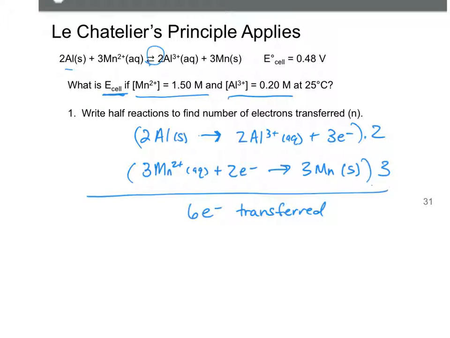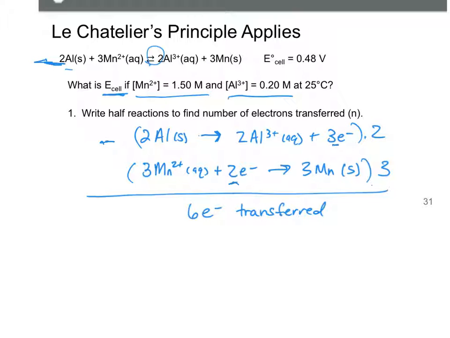Questions on that? Yeah? Why isn't it 6 electrons? Oh, this one? For the first one that you were... Oh, okay. So I have 3 here and I have 2 here. So I'm multiplying by those factors in order to make them both 6. And then we can cancel them out. Yeah. Wouldn't it already be 6 since there's 2 aluminums with 3 plus?